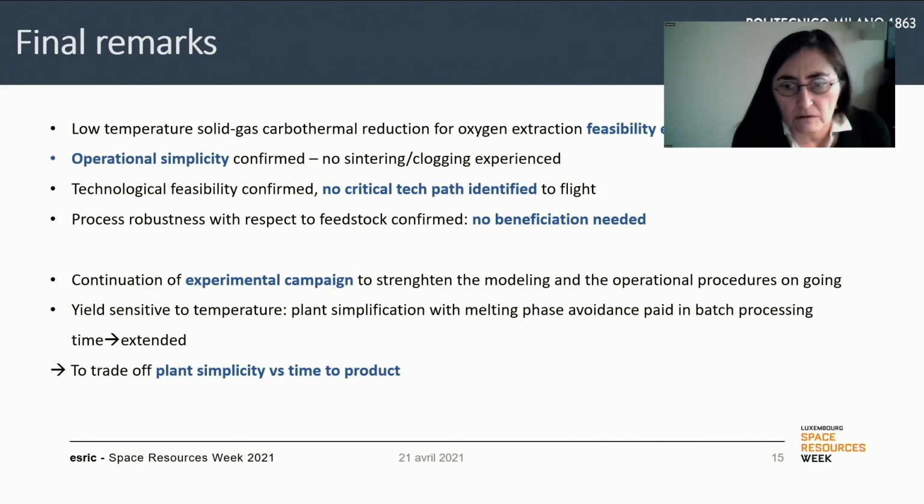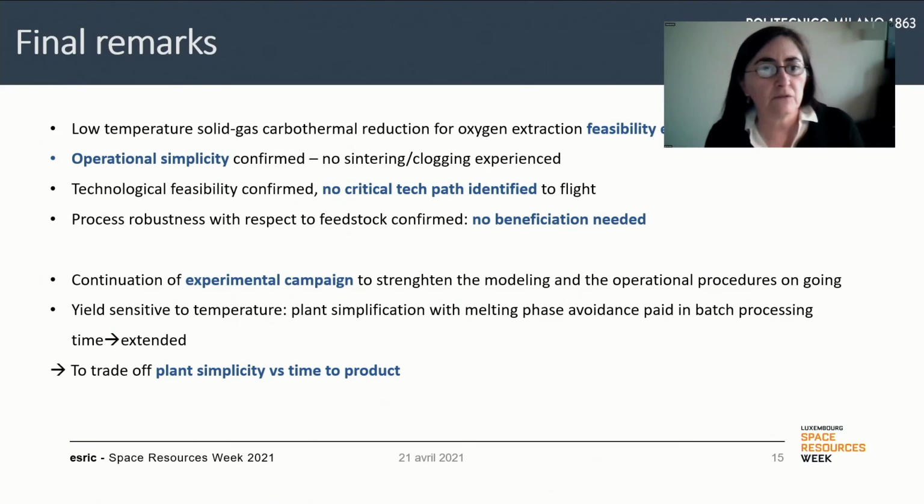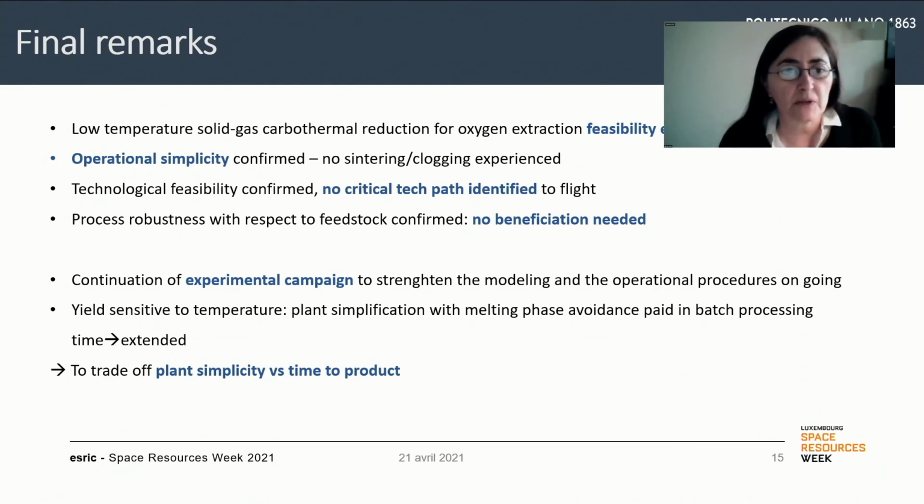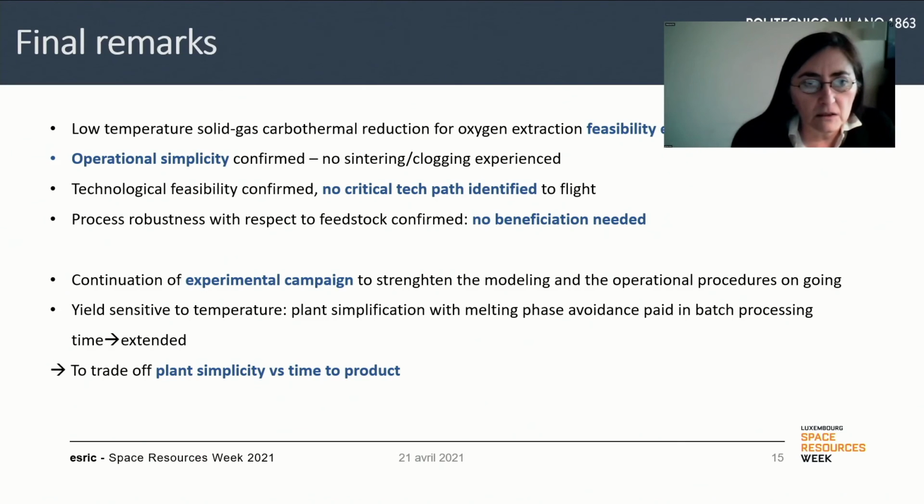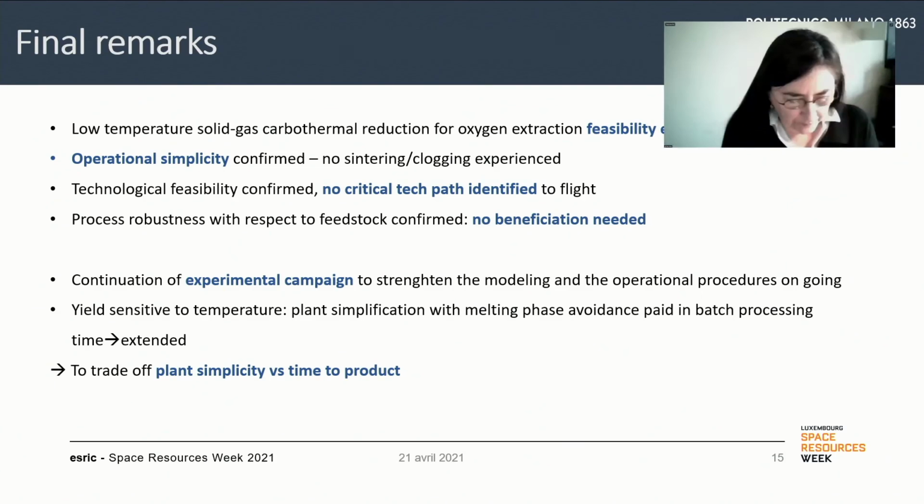There is no showstopper from the technology point of view, as we identified so far. And of course, we keep on going with our experimental campaign for getting more data for consolidating the results. I didn't show all the stuff that we did for the methanation stage, but this is something that is quite well known. It was just a confirmation, also experimentally, that everything works nicely, at least as we expected. So that's it, and thanks for your time.